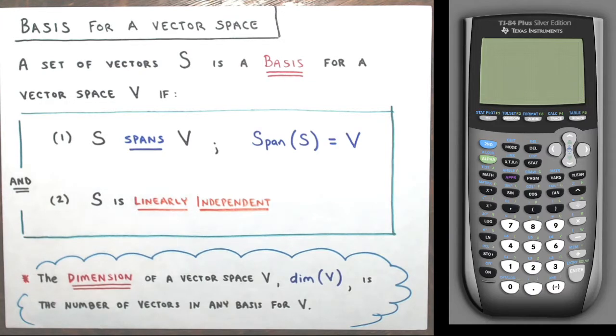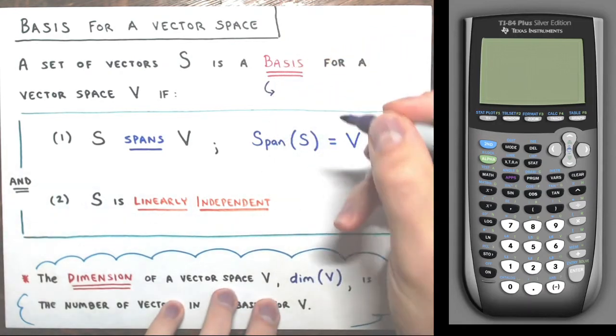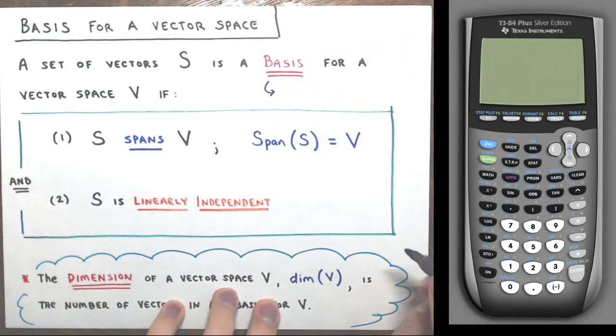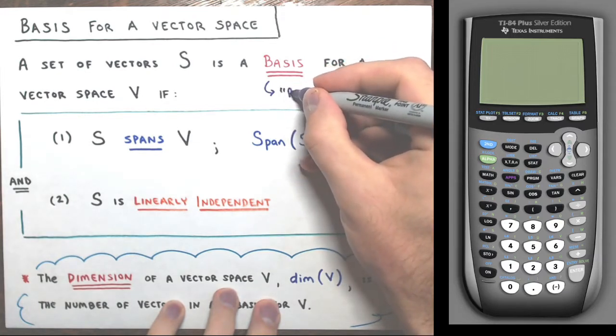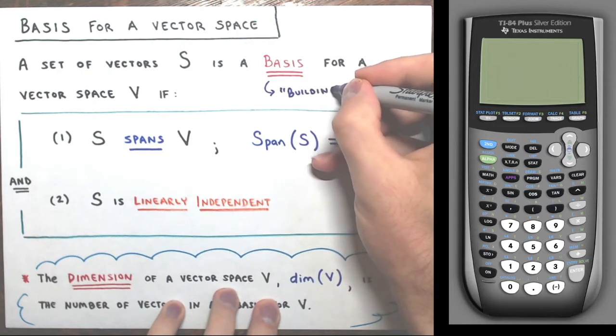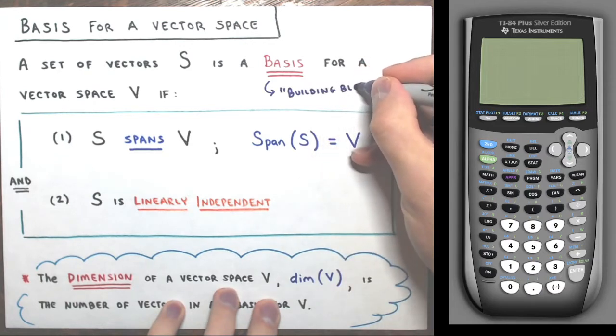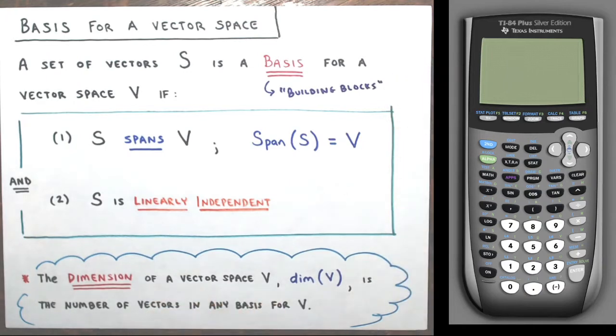What that means is that none of the vectors in S can be written as linear combinations of the other vectors in S. Some people might say too that the vectors in a basis for a vector space are the building blocks for the vector space, because you can take these basis vectors and use them to create any vector in the vector space V.